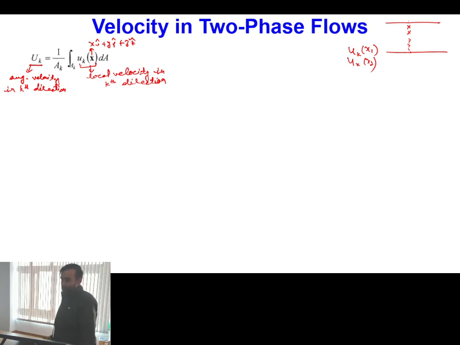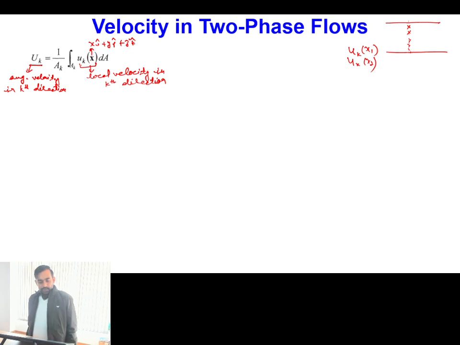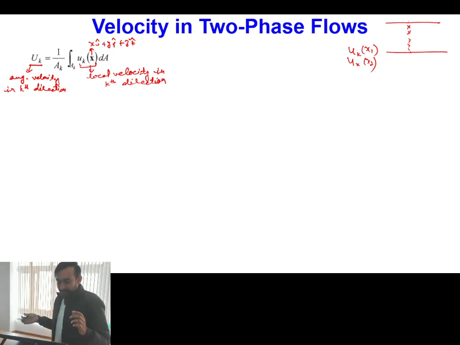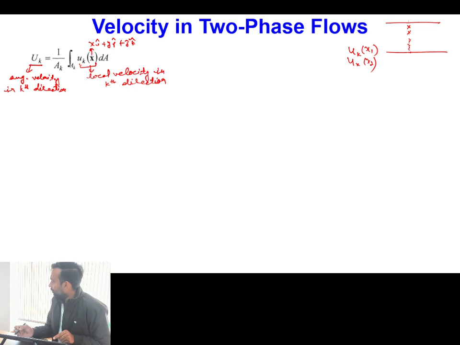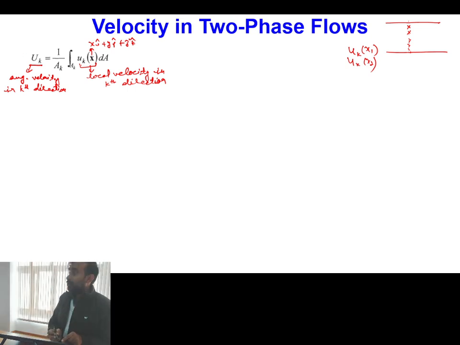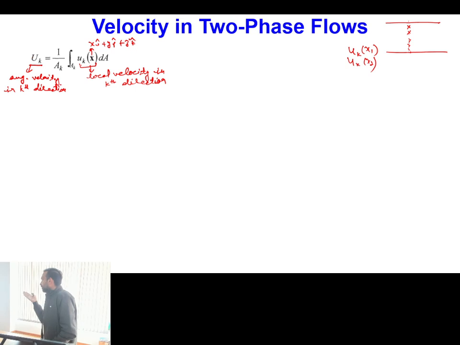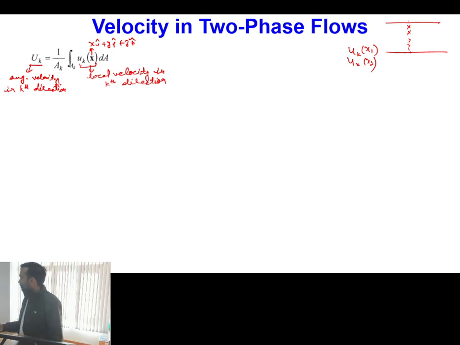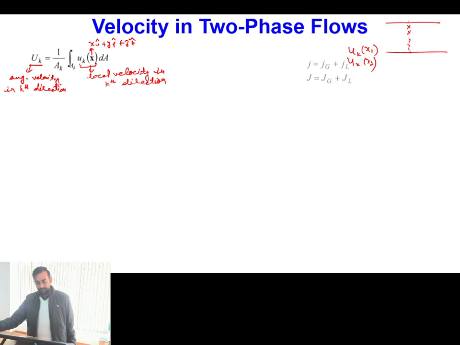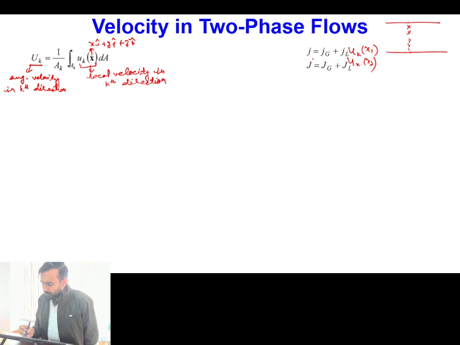Is this clear? So small u_k here is the local velocity in the kth direction, and capital U_k is the area averaged velocity. From a pitot tube, whatever velocity you measure is your small u_k, and from an orifice meter or venturi meter, whatever velocity you measure is your capital U_k.